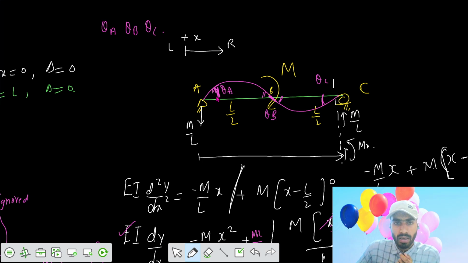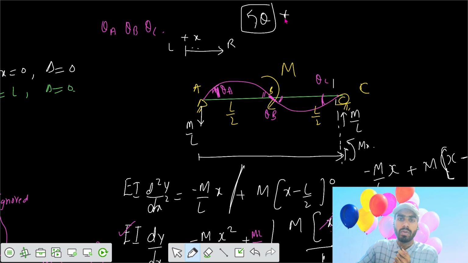For this condition we say that theta anti-clockwise is positive, and if theta is clockwise, it is negative. So at point A, from the x-axis your theta is anti-clockwise, that is positive. And for point C, from the x-axis theta is anti-clockwise, so theta is positive.